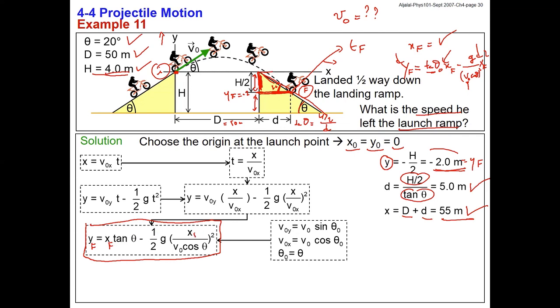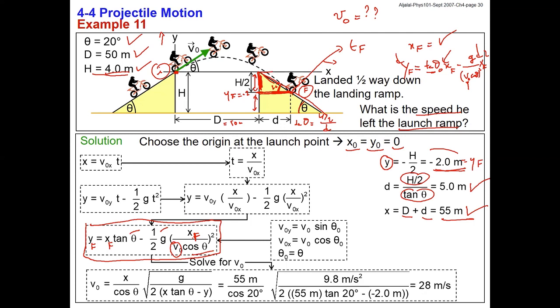And I know also here this x final. Basically, in this equation, the only unknown is this v naught. I know everything else. I know the y final, I know the x final, I know the theta, I know g, of course, and I know cosine theta. So the only unknown will be v naught. So let me solve for v naught, and then you get 28 meters per second.